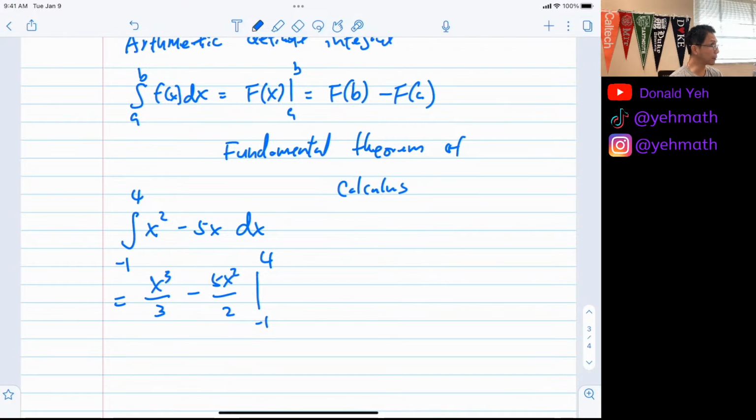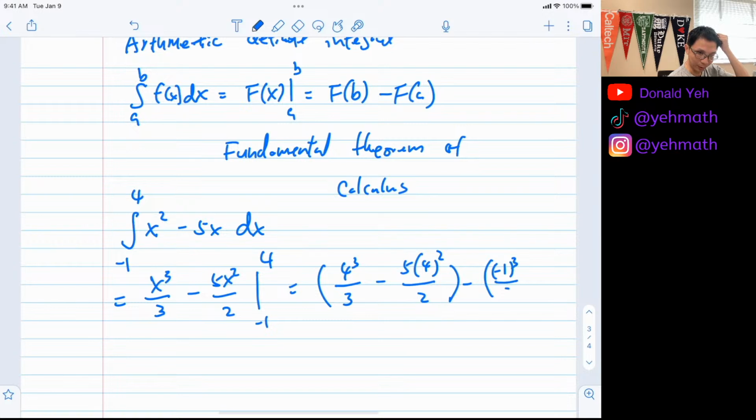What do you do afterwards? I plug in. So 4 to the third over 3 minus 5 times 4 squared over 2. Am I going too fast? Plug in -1: -1 to the third over 3 minus 5 times -1 squared over 2.